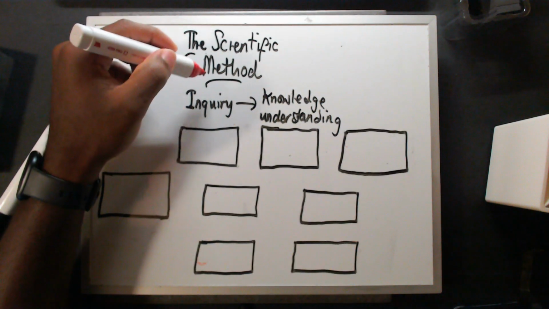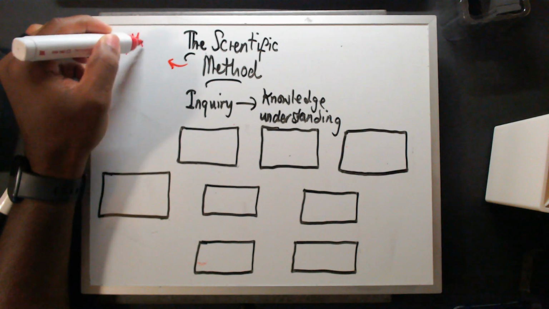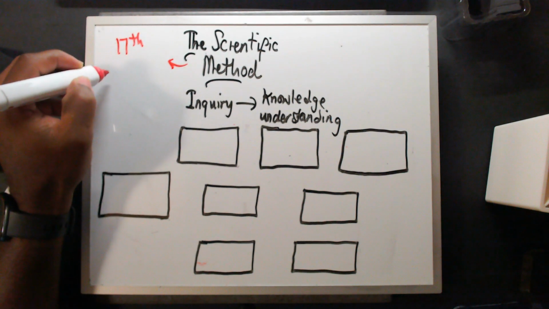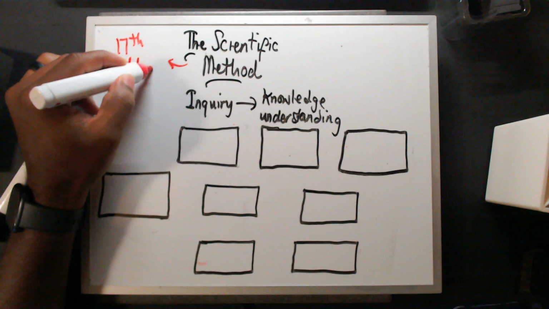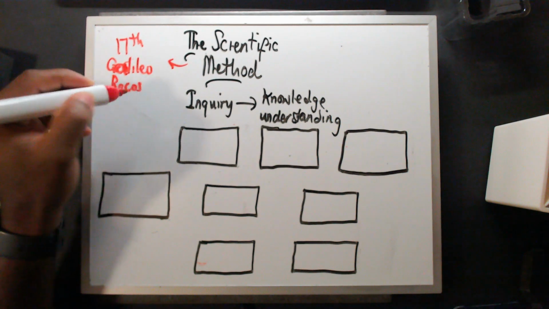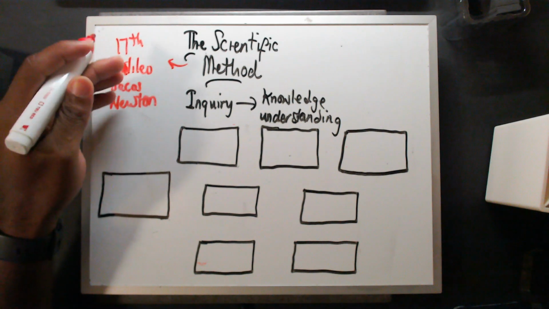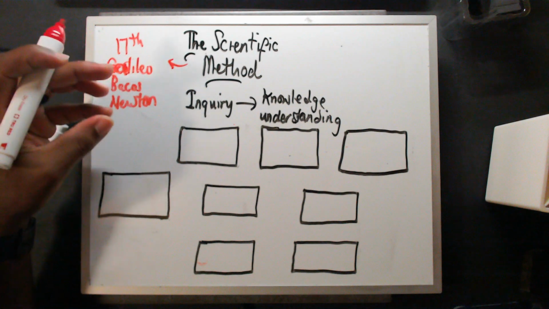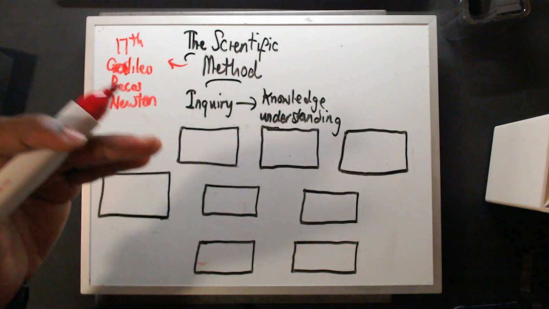Now, looking at the scientific method, this was first introduced in the 17th century, where scientists like, for example, Galileo, whom everyone might remember from physics, but also Francis Bacon and Newton, were able to use the scientific method to explain various natural laws.